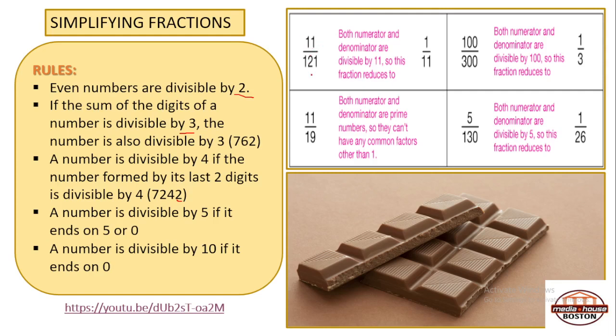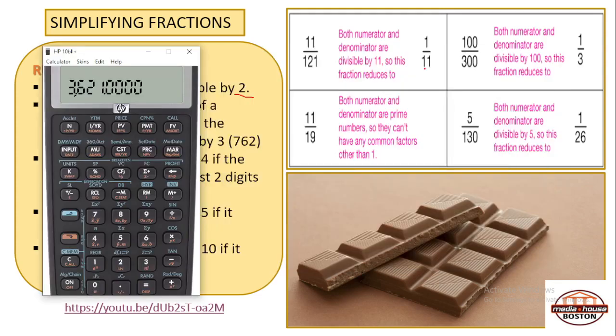And 121, based on our arithmetic table, if we remember very well, is calculated by 11 squared, or 11 times 11, meaning that we can use 11 as a factor and simplify it: 11 divided by 11 gives us 1, and 121 divided by 11 gives us 11. So 11 divided by 121 is equivalent to 1 over 11.